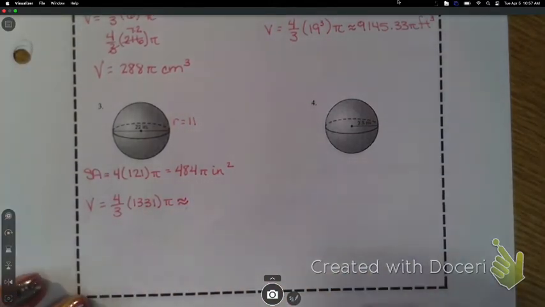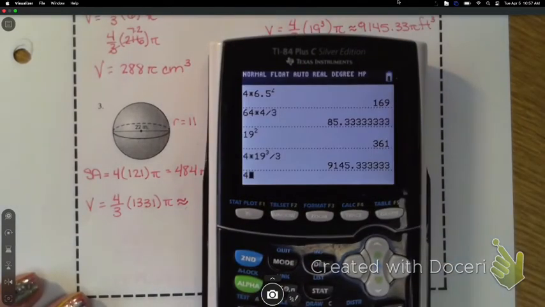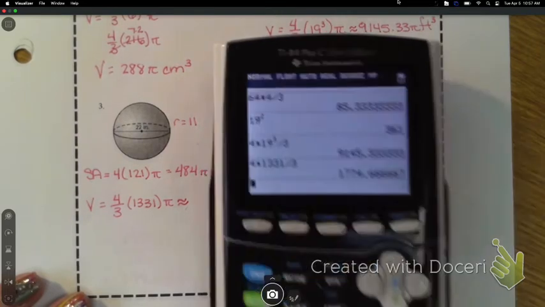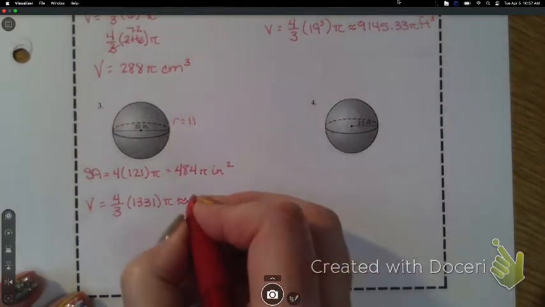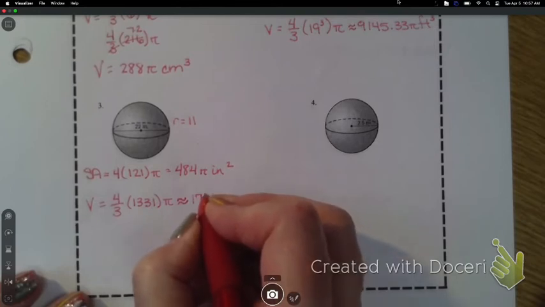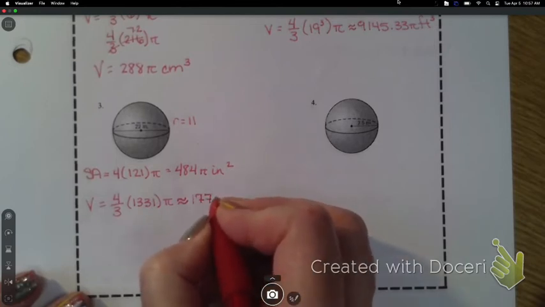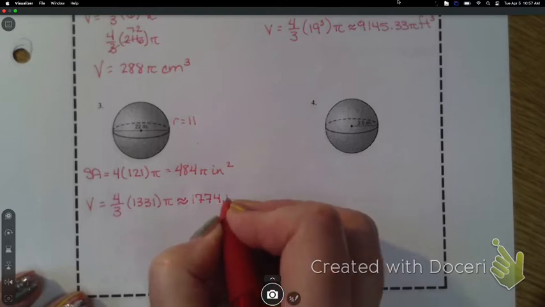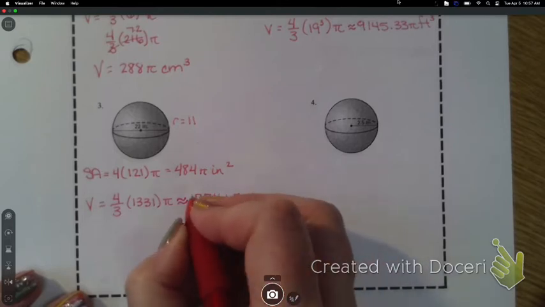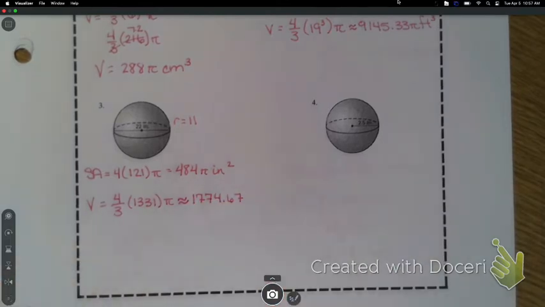So I'm going to take 4 times 1,331 and divide it by 3. So it is 1,774.67. Now, we did that with a calculator, but I'm going to take you through what you should do without a calculator, because not always are we going to have a calculator.